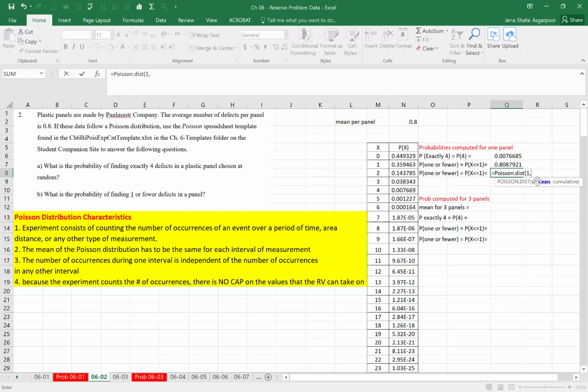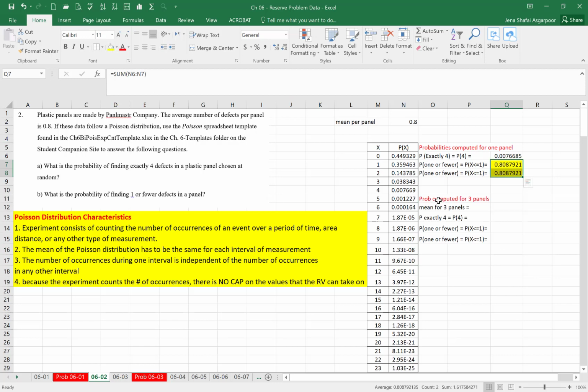The mean is still 0.8. But now I want to say true for cumulative, because I want the probability of 0 and 1, everything lower than 1 or equal to 1. So you can see that these two numbers now match.